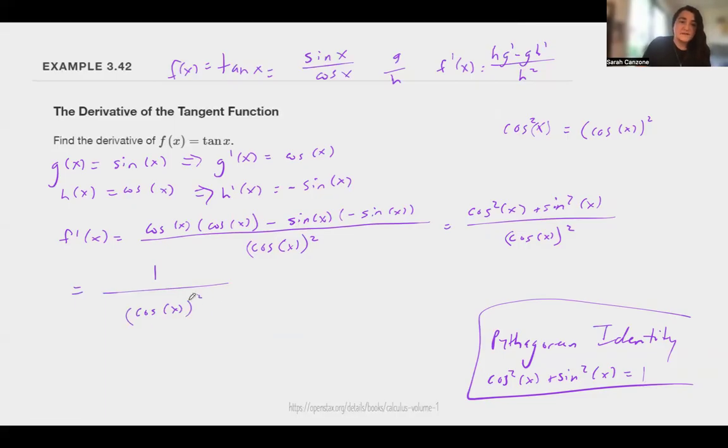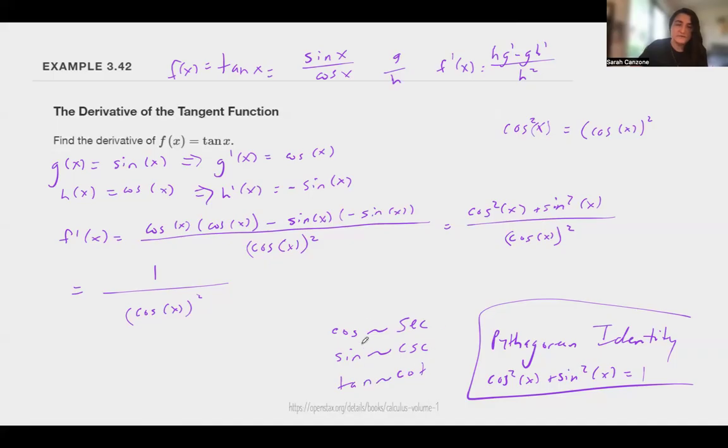But this isn't our final answer, because if we consider what 1 over cosine is, we also have other functions. So we have sine, cosine, and tangent, but we also have secant, cosecant, and cotangent. So secant corresponds with cosine, cosecant corresponds with sine, and cotangent corresponds with tangent.